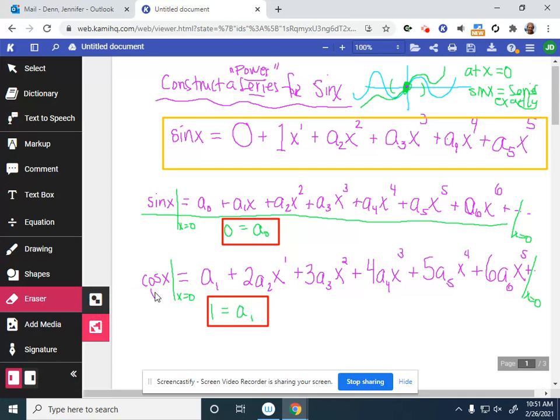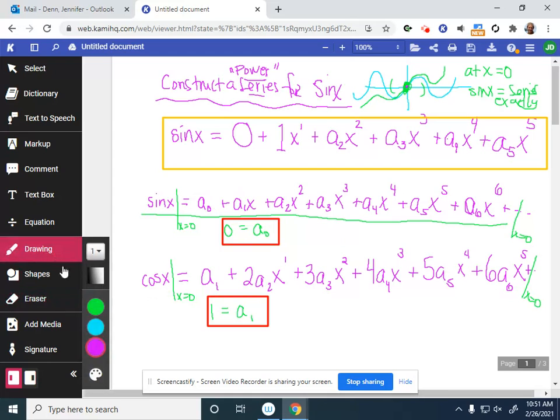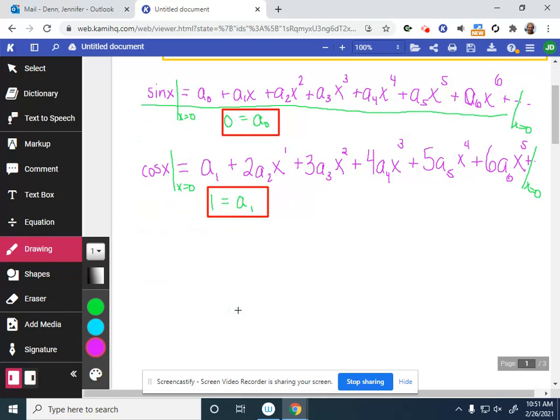So what am I going to do next? Any ideas? I'm going to take the derivative again. So I'm going to work through again. I'm going to take the derivative from here. The derivative of cosine is negative sine. And I'm going to take the derivative of this line. So the derivative of a sub 1 is just 0. I could write that if we want, but I'm not going to. And then I'm going to take the derivative of this.